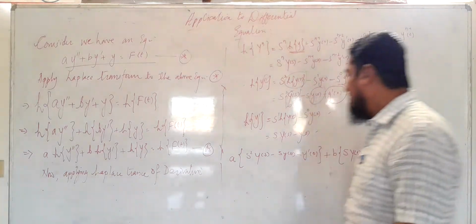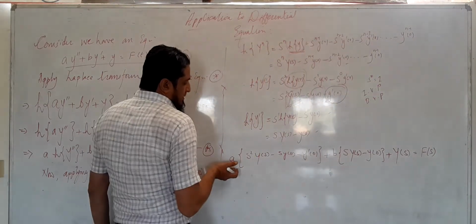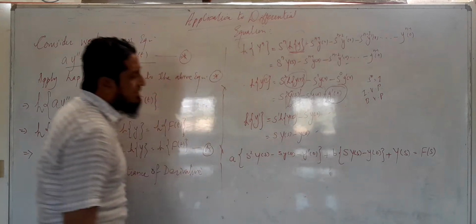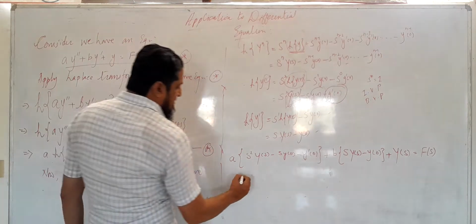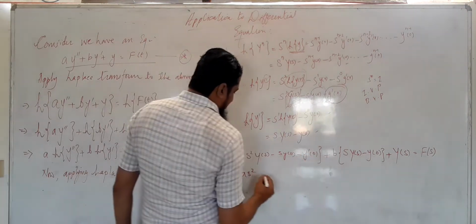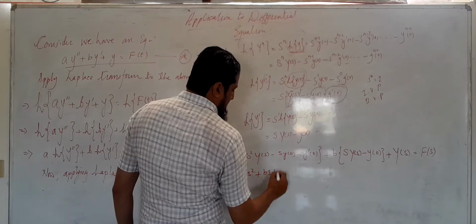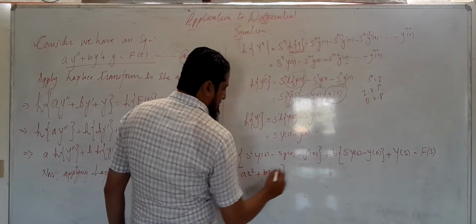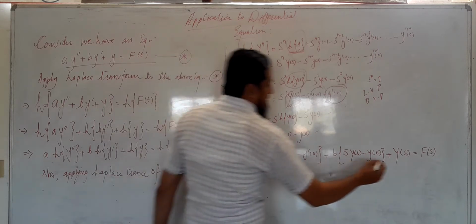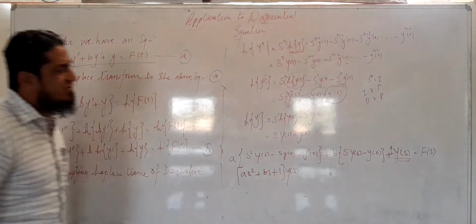Correct. Now by applying a into this bracket, b into this bracket, we will get a s square plus b s plus 1, taking Y outside. It has 1 as a coefficient.